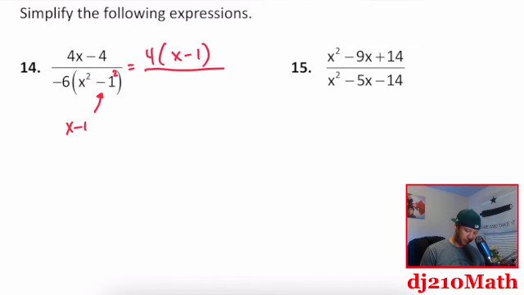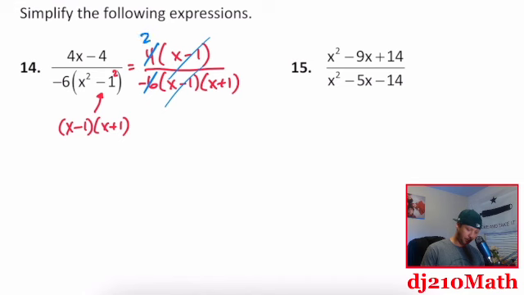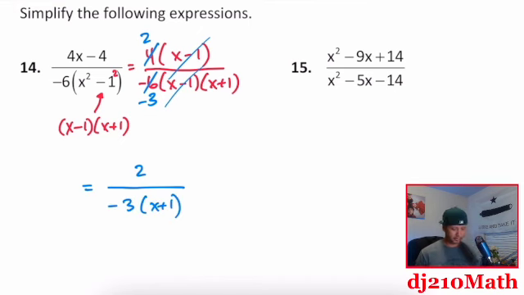So x minus 1, x plus 1. So we got negative 6, x minus 1, x plus 1. Okay, x minus 1s will cancel. 4 and 6, they're both even. So 2 and 3, negative. So final answer is equal to 2 over negative 3 times x plus 1. You could move the negative out front if you want, or just leave it on the 3.